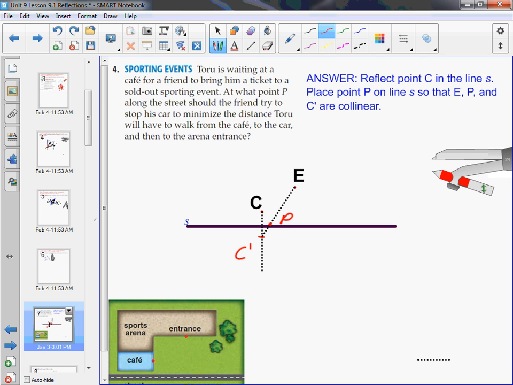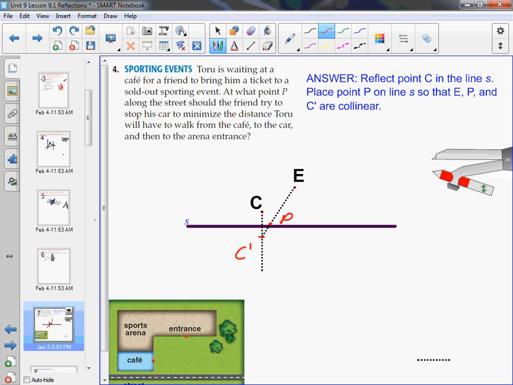Clever, isn't it? So look, remember, the shortest distance between 2 points is a straight line. We took the reflection of C, called it C prime, and so then found the shortest distance between E and C prime. That's where we need to park, along that shortest distance.